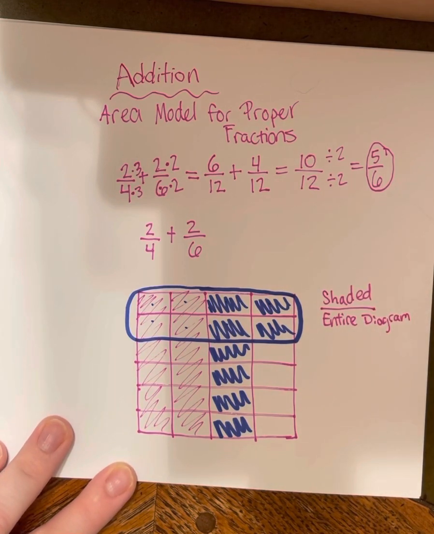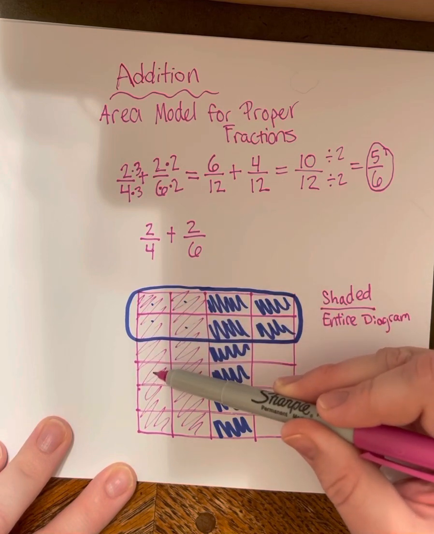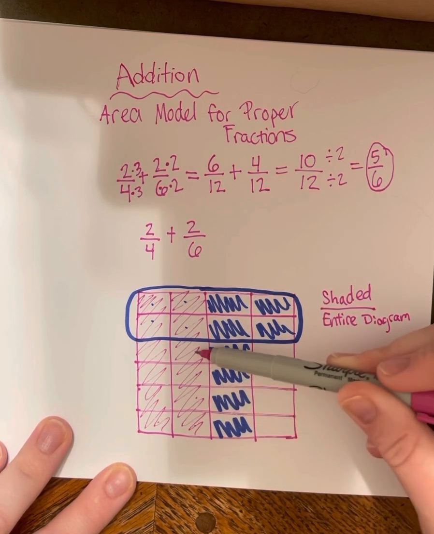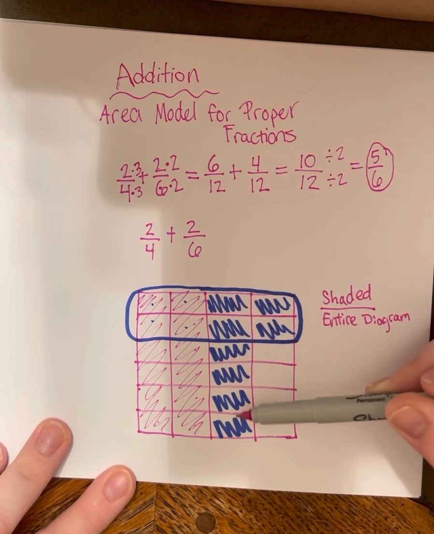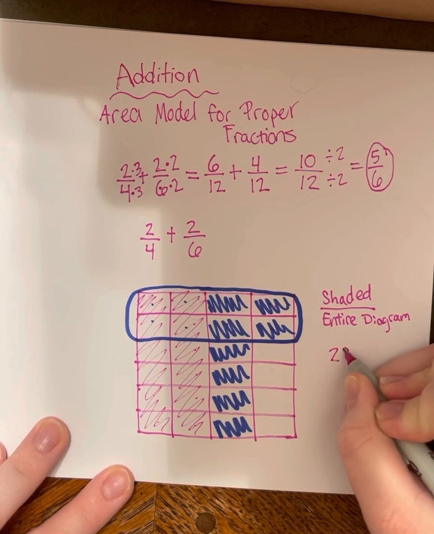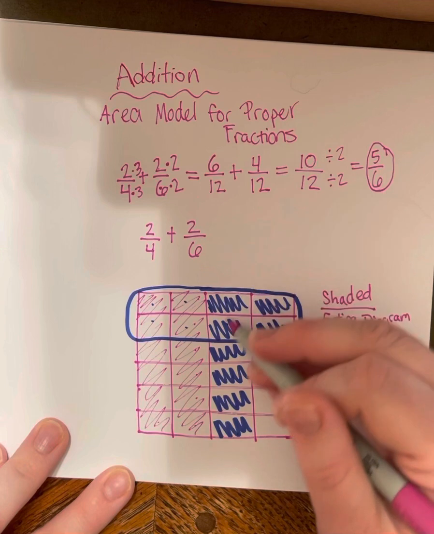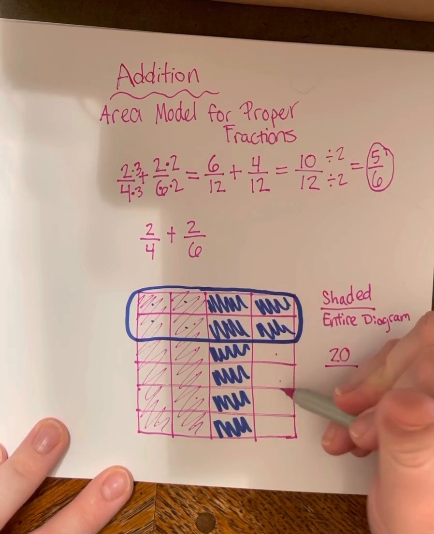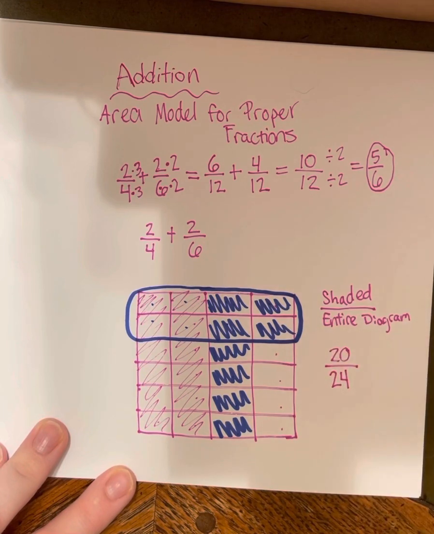So this tells us that there are 1, 2, 3, 4, 5, 6, 7, 8, 9, 10, 11, 12, 13, 14, 15, 16, 17, 18, 19, 20. So there are 20 shaded blocks over the entire diagram, which is 24. So our answer then would be 20 over 24.